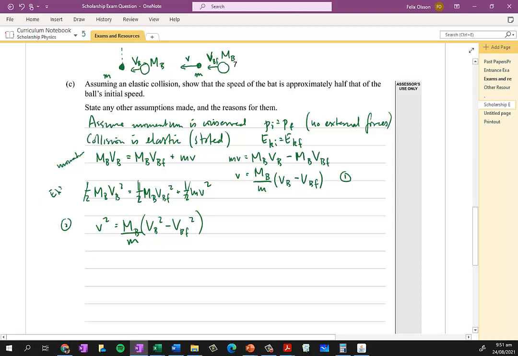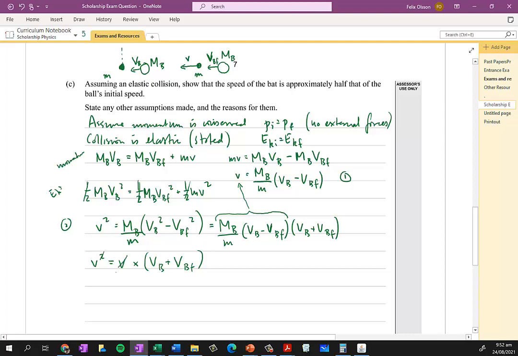Now, one thing we should recognize here is that this is the difference of two squares, which can be factorized. So this is equal to M bat over m times V bat minus V bat final, these are capital V's, times V bat plus V bat final. But from 1 we know that the first part is equal to v, and so we have v squared equal to v times V bat plus V bat final.